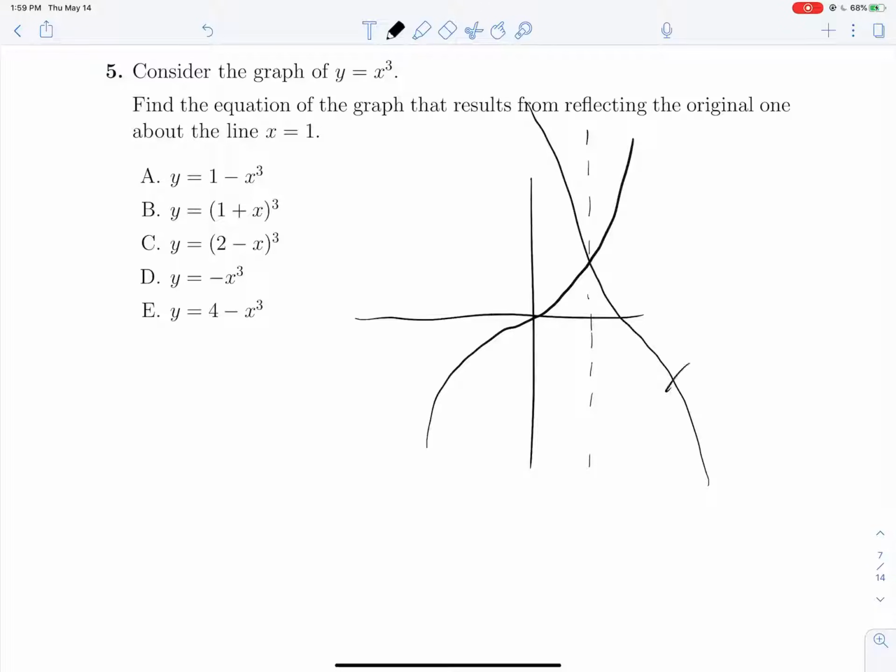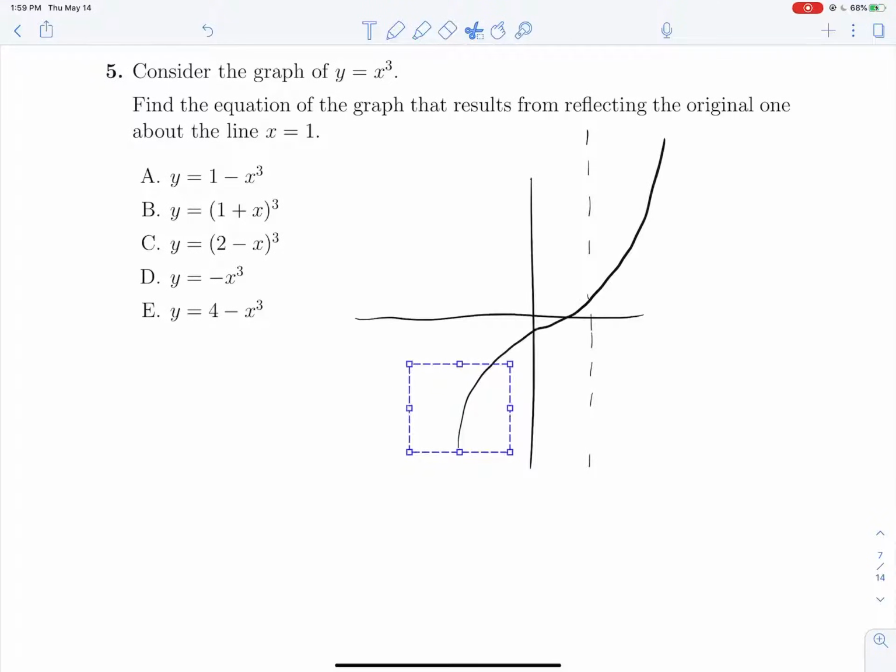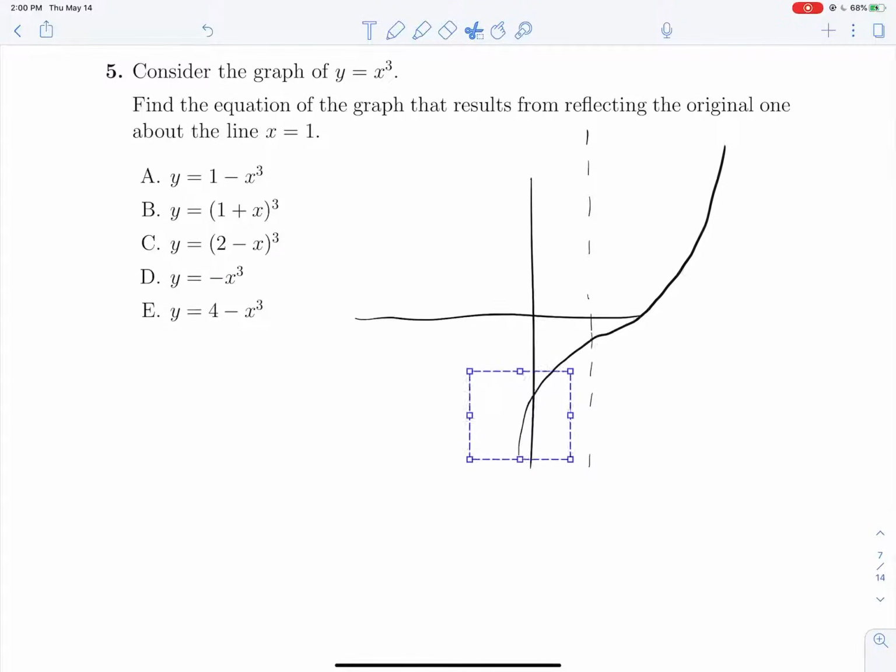So how are we going to take that first function and get there? Well, what comes to my mind is what if we shifted this thing 2 units to the right and then reflected it around itself?